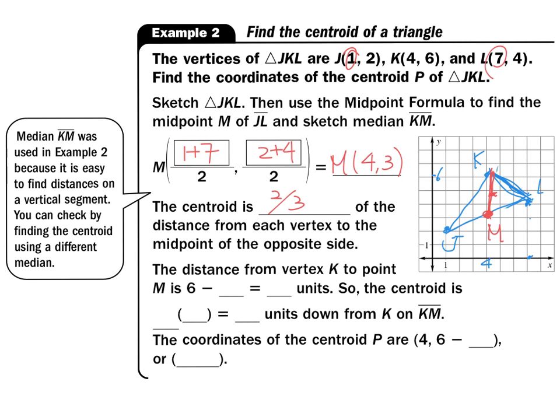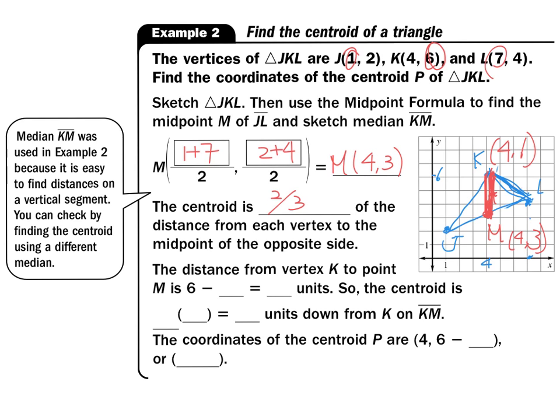So the distance from vertex K to M is 6, which is right here. 6 minus, we said the midpoint is (4, 3), and K is (4, 6). Because they both have an x value of 4, that makes it a lot easier.